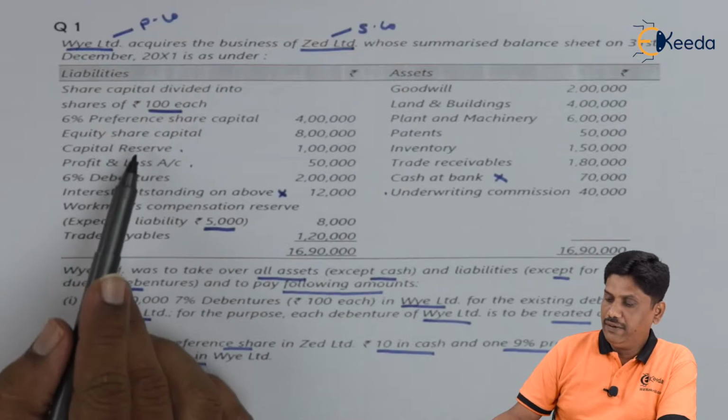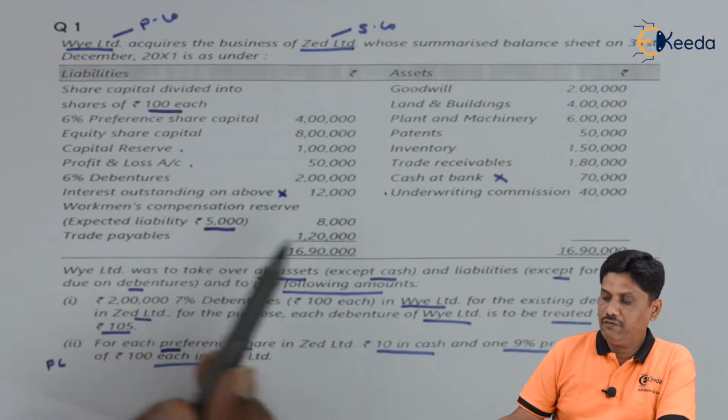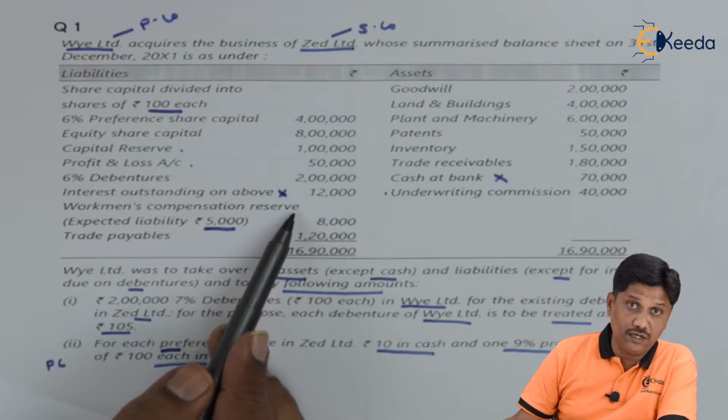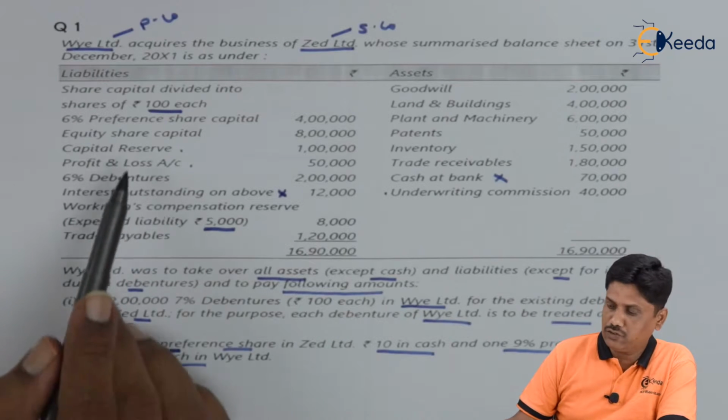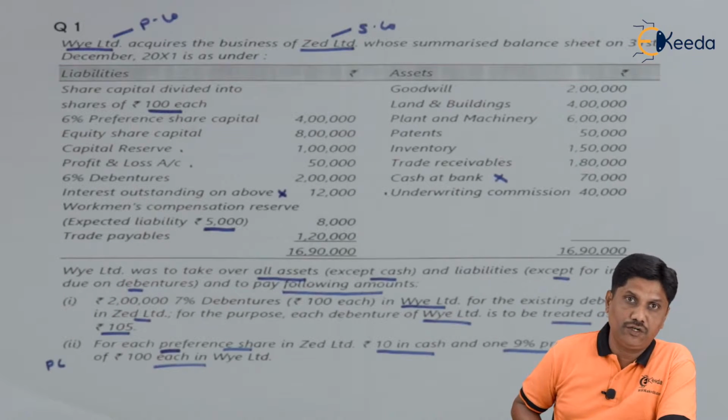Equity capital, capital reserve, PL account and workman compensation fund of rupees 3,000 will be transferred to the equity shareholder account. So these accounts will be debited and equity shareholder account will be credited.